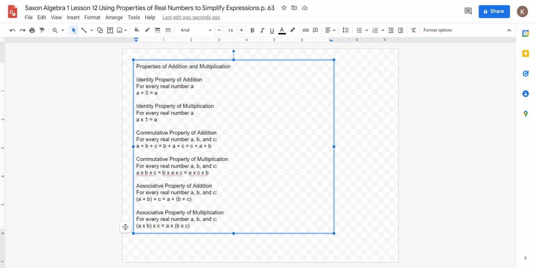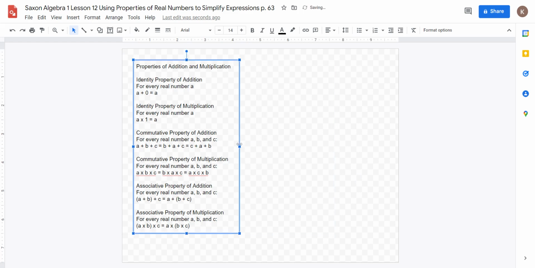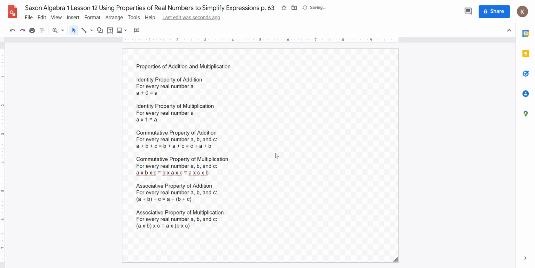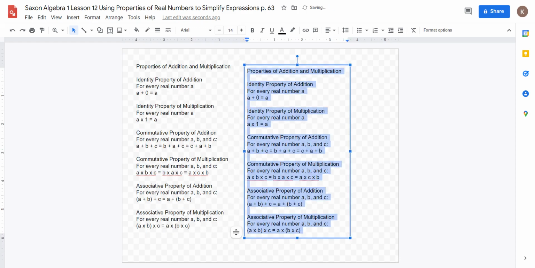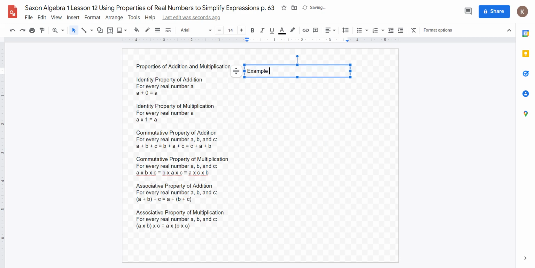Okay, so let's take a look at some examples of how this actually plays out in some real problems here. So we're going to look at example 1 on the next page. I'm just going to take this box and move it over here, and then we'll just delete everything. And example 1A. All right, so the question is, which property is being demonstrated for each of these?